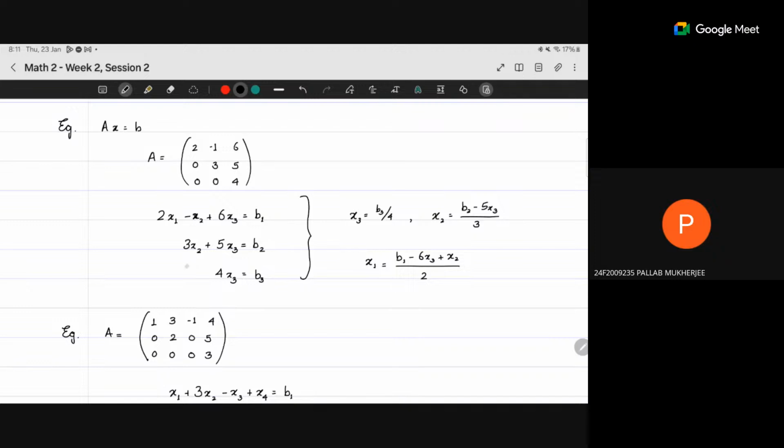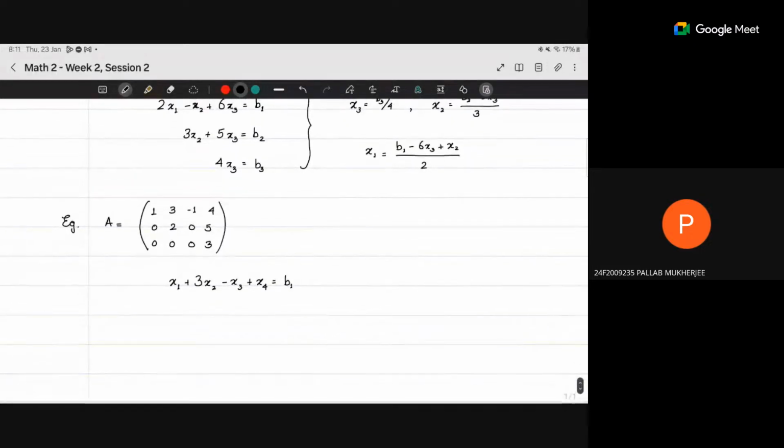Okay, sir, got it. I'm just deducing from the equations and trying to solve them. In the case of an upper triangular matrix, I'm just saying that there is not much to solve. Just use the one with the least number of variables and then just keep back substituting other things. Okay, sir.